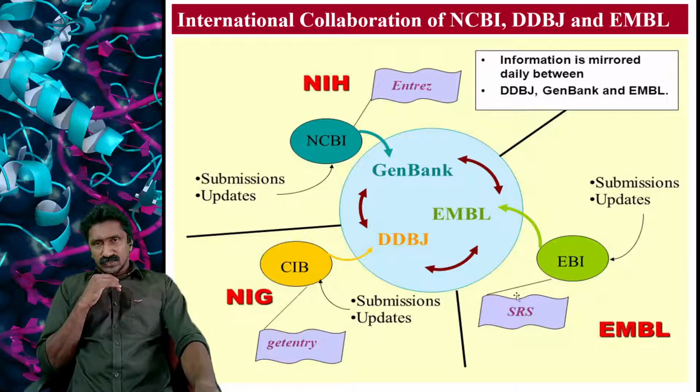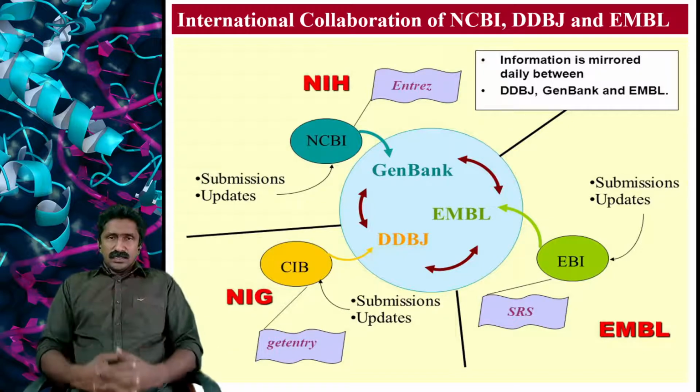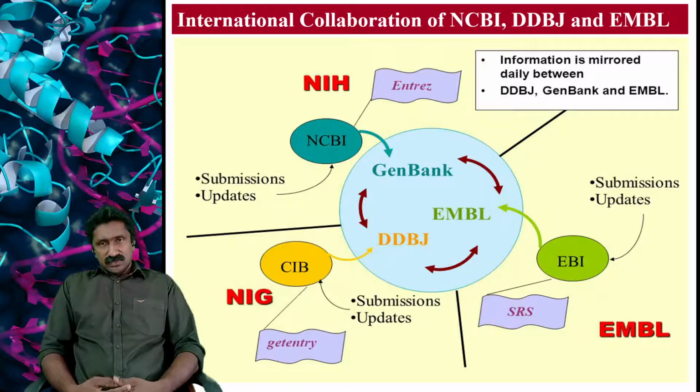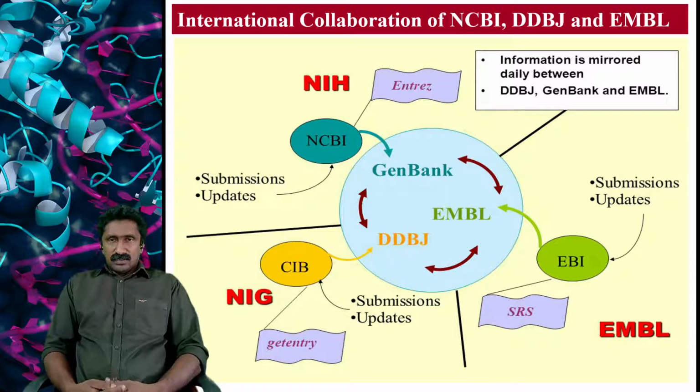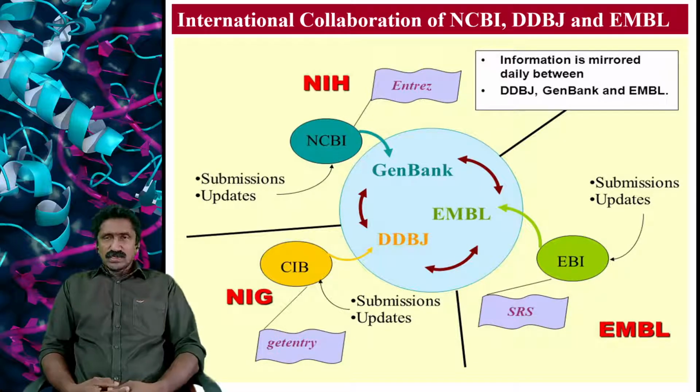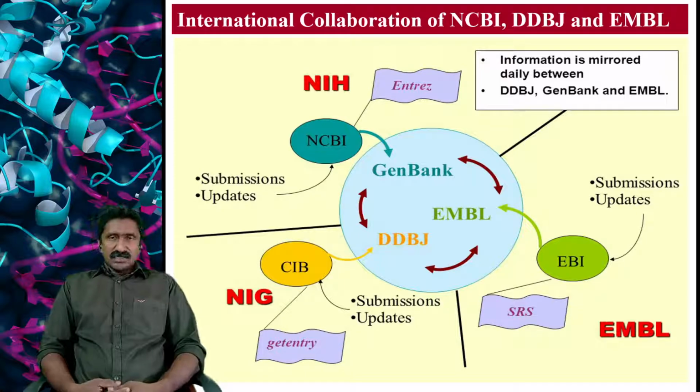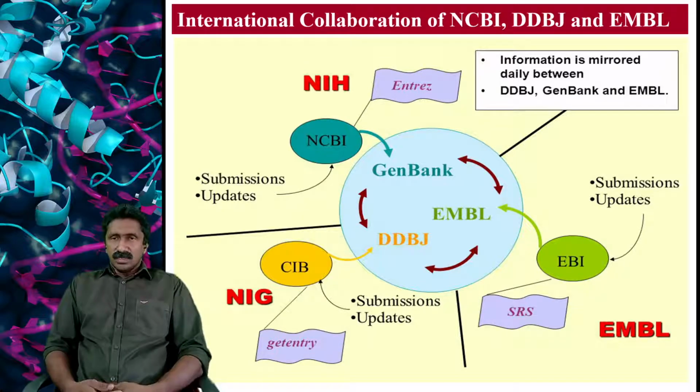Yes, sir. Okay, fine. So now, this is the international collaboration of the three primary nucleotide sequence databases, as I mentioned. NCBI, that's from the US, National Center for Biotechnology Information, and DDBJ, that's DNA Data Bank of Japan, and European Molecular Biology Laboratory, EMBL.